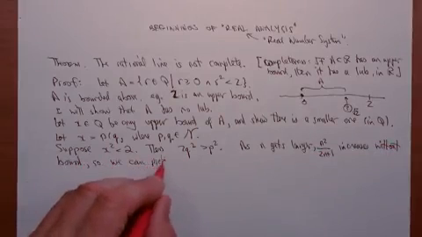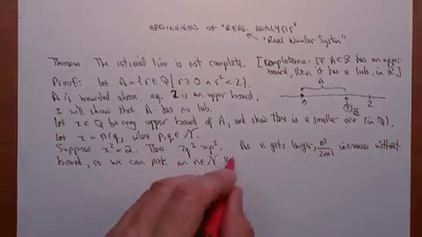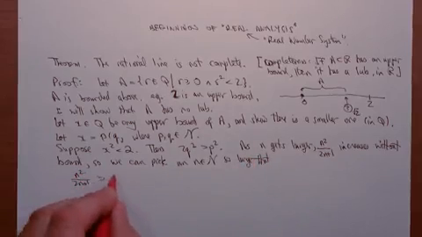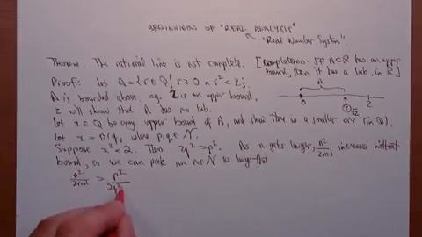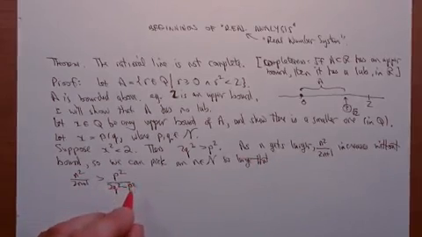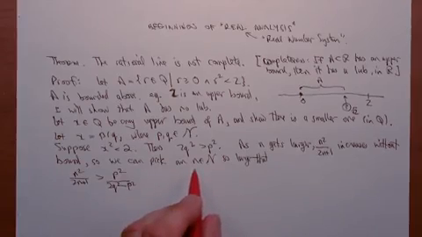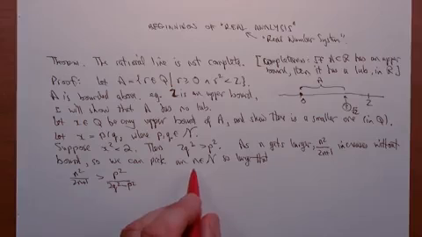So we can pick an n in N so large that n squared over 2n plus 1 is bigger than p squared divided by 2q squared minus p squared. Now, you might not see where I'm going with this, but hopefully you can believe everything I've said.